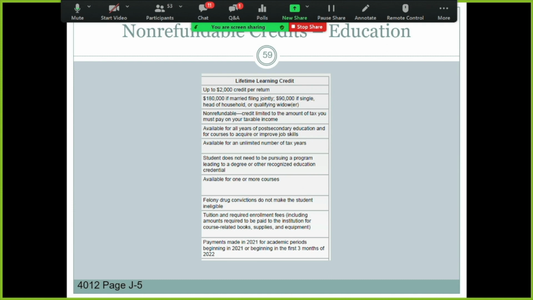Now, the next credit is the Lifetime Learning Credit, and it's not as advantageous as the American Opportunity Credit because none of it is refundable. And it's limited to up to a $2,000 credit per return, unlike the American Opportunity Credit, $2,500 per child.